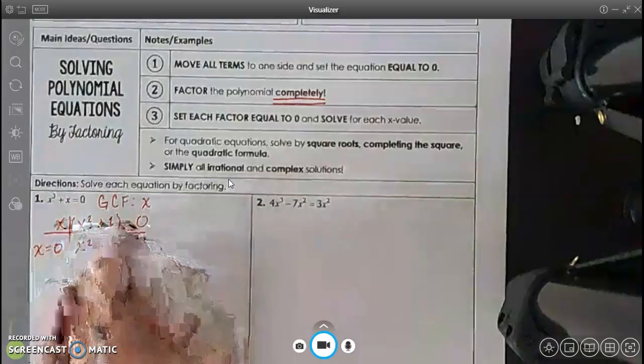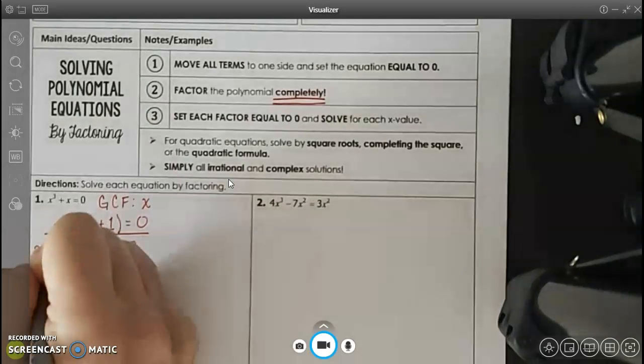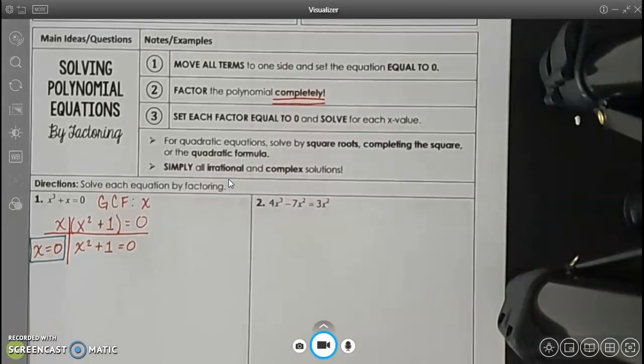You'll notice that this is a cubic equation. The original is cubic. So that means we should have 3 solutions. So one solution is x is equal to 0. Okay, and then the next one, when we solve here, watch what happens.